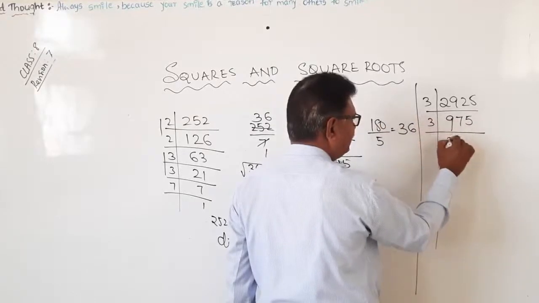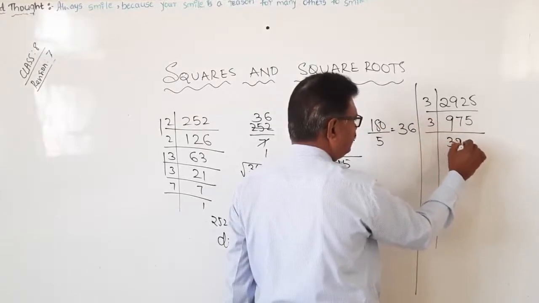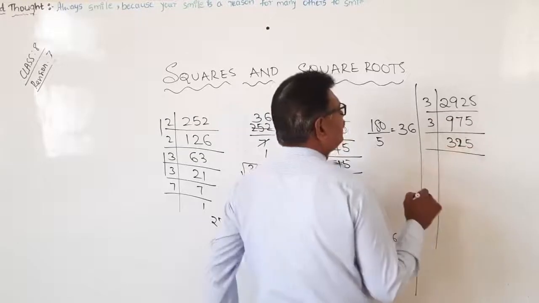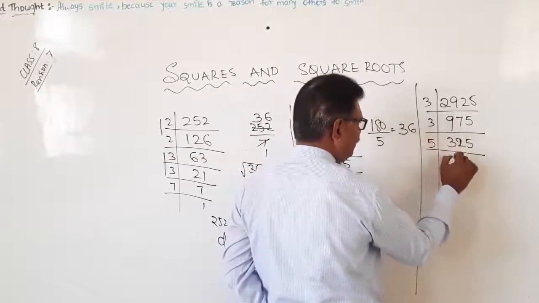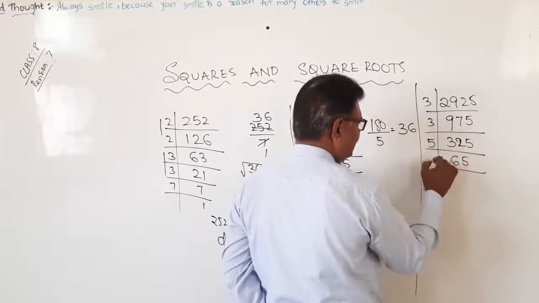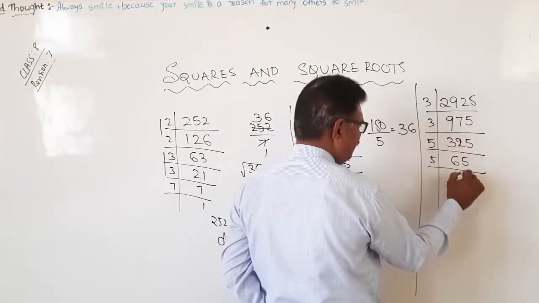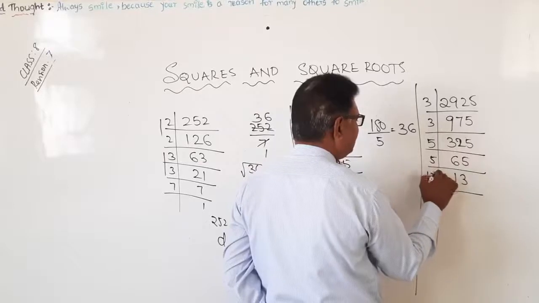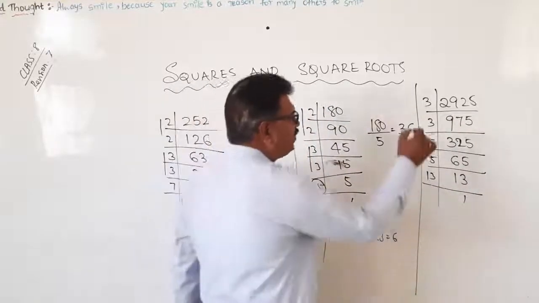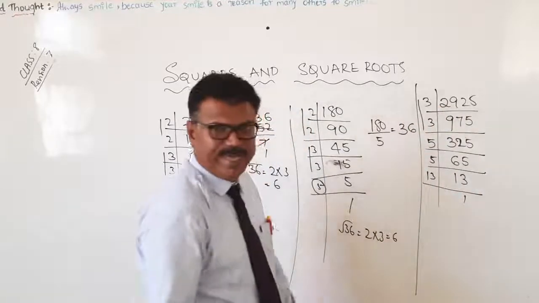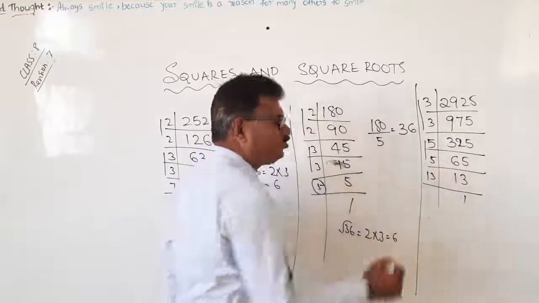Again with 3. 3 threes, 3 twos, 3 fives. Again we will not go with 3, therefore we will go with 5. 5 sixes, 5 fives. 5 ones, 5 threes. Again 13 into 1. If you observe here, 3 is in pair, 5 is also in pair.